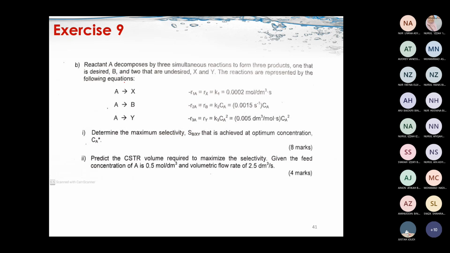Okay, so daripada sini you punya CA ni alright adalah dalam 0.408. Okay, mole per decimeter cube. And SB XY, okay, at optimum you should get around 2.55. Okay, alright, and this one volume dia ni saya berdasar saya kira sendirilah, saya tak sure lah, tapi awak try juga buat. Okay, this one okay, catat lah.